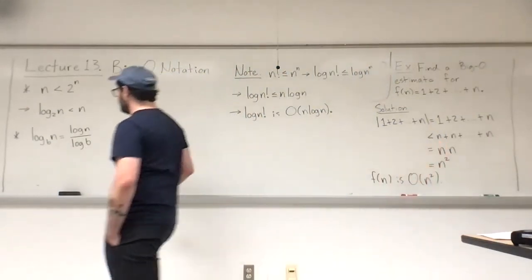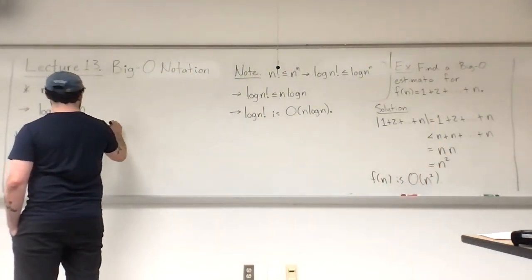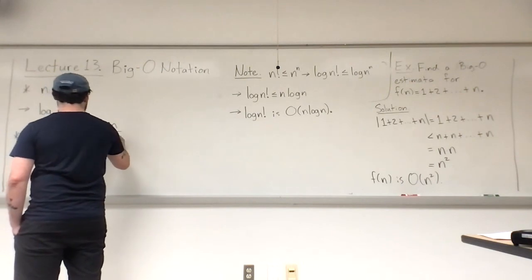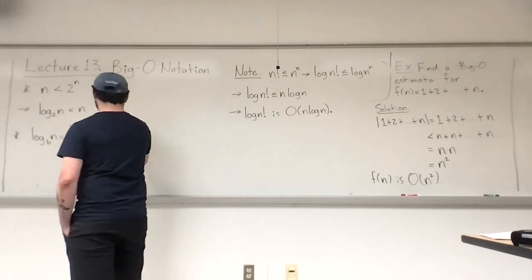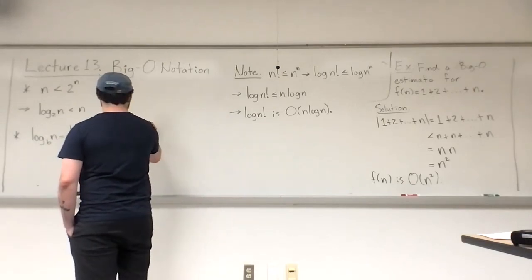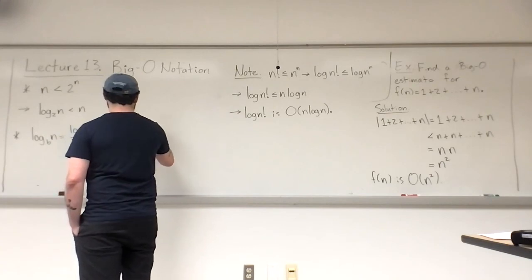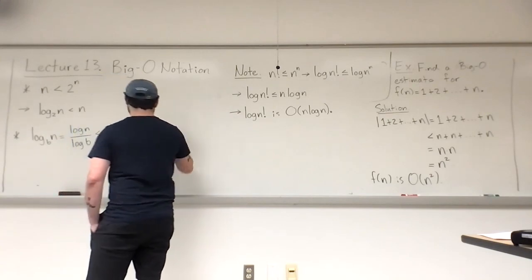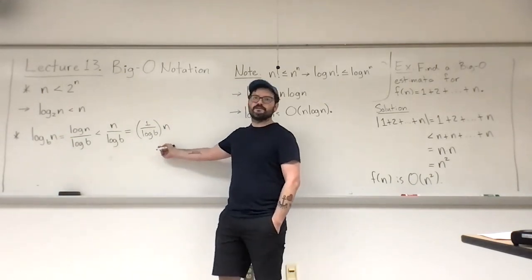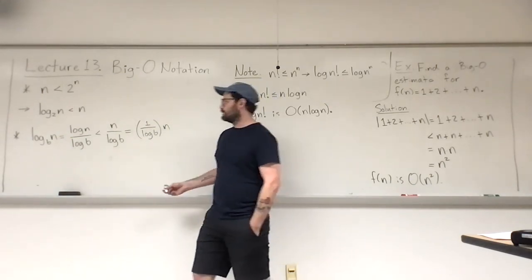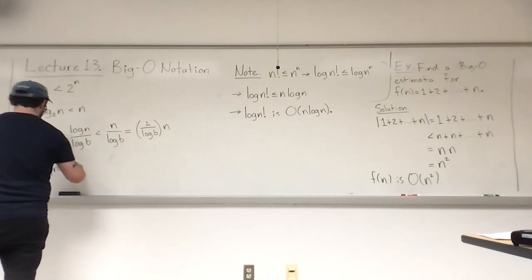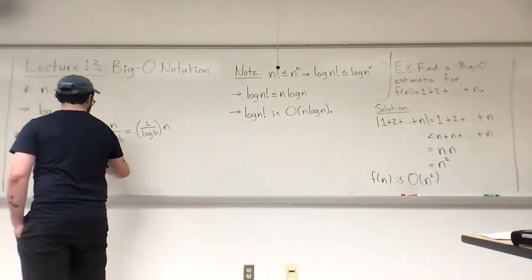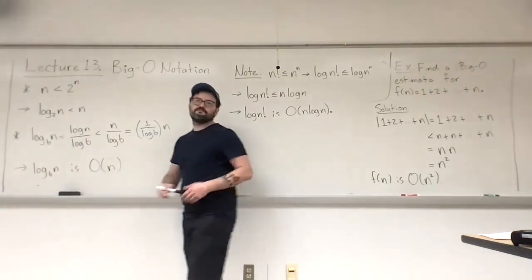So what this is saying is that this is less than n over log b. And if you don't see what I'm trying to emphasize here, this is 1 over log b times n. That's a constant. So what this means is that log base b of n is big O of n for any base b.